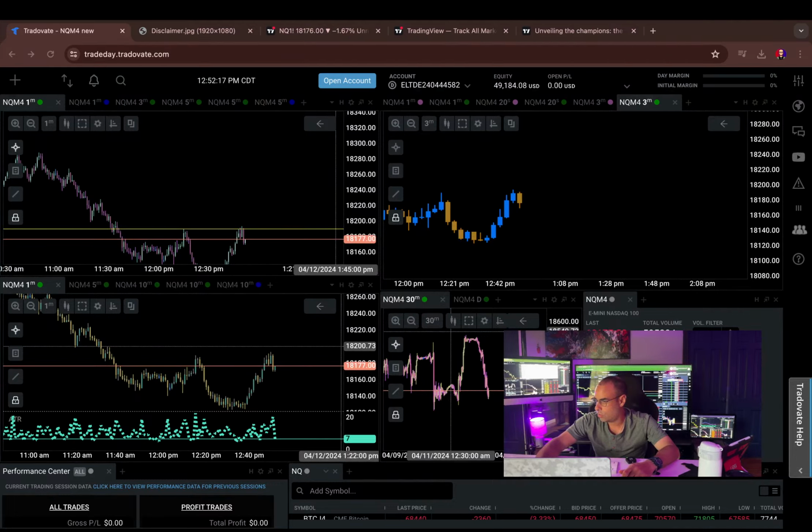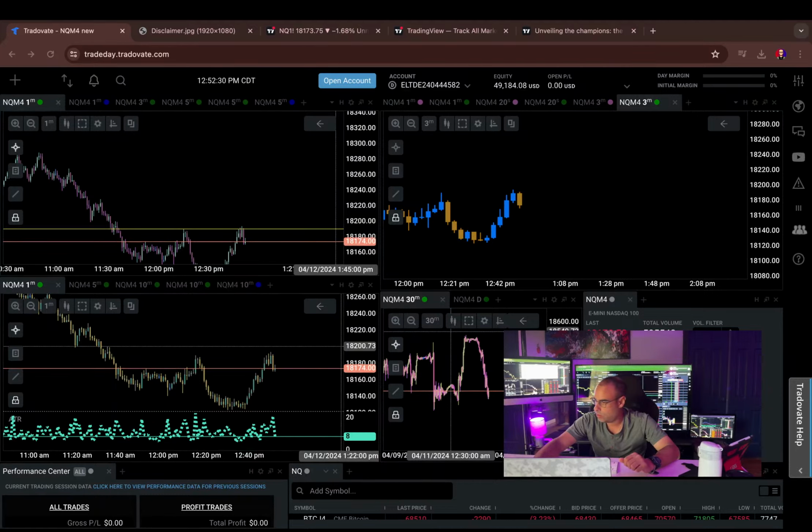On the lower time frame, you see structures on these candles here that could render another high. But no, I would argue we're gonna short here.